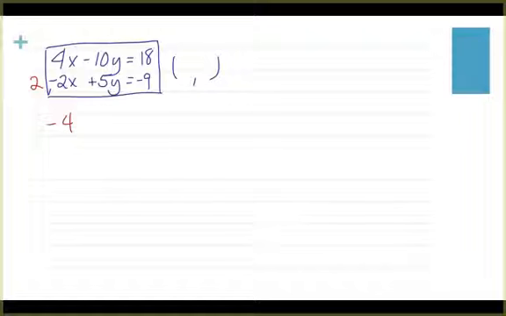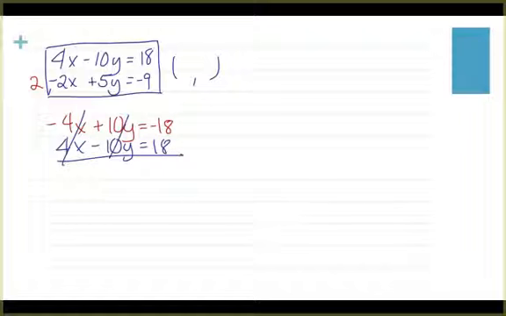So if I multiply the bottom one, I get negative 4x, 2 times 5 is 10y, 2 times negative 9 is negative 18. And then I bring the top equation down. Everything goes away. Well, what do I have left? I have 0 equals 0. How do I know if that means no solution or infinitely many? It's a true statement.